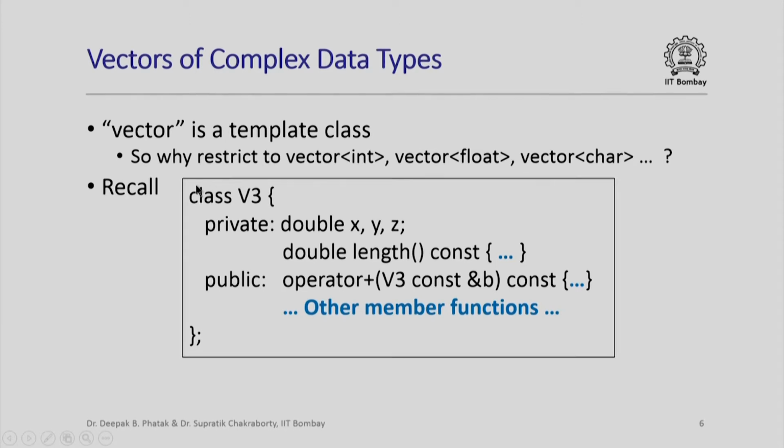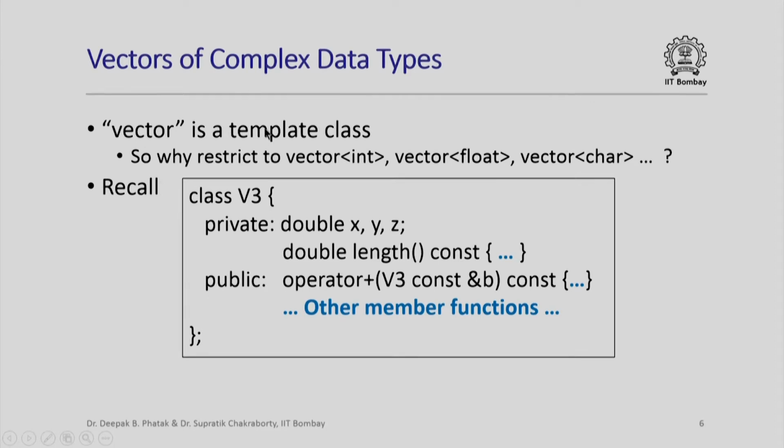Indeed, we can have. Recall that we had studied about a class V3 for representing three-dimensional vectors, and this had several data members which were private, some member functions which were private, some other member functions which were public, and so on. So, basically this was a user defined complex data type.